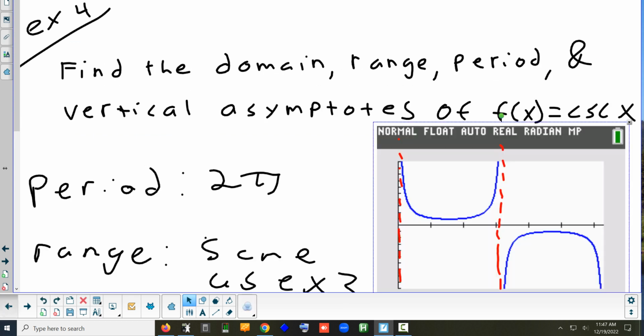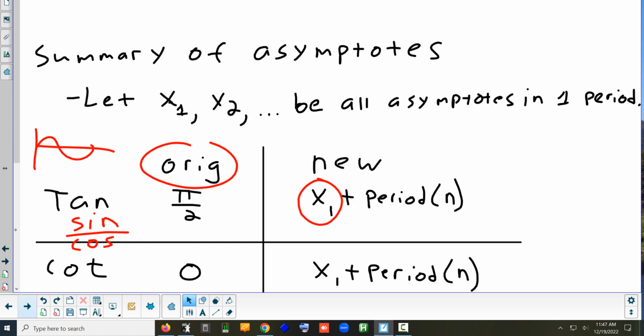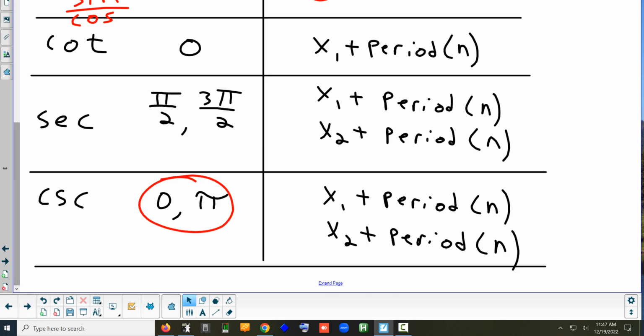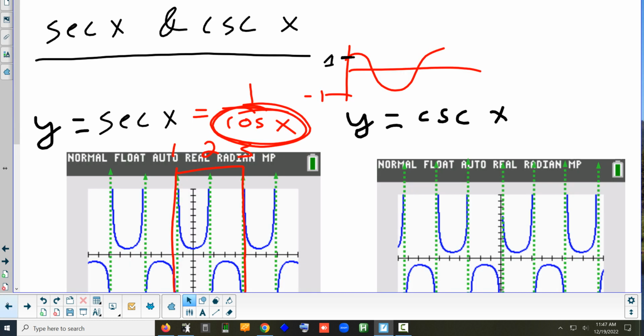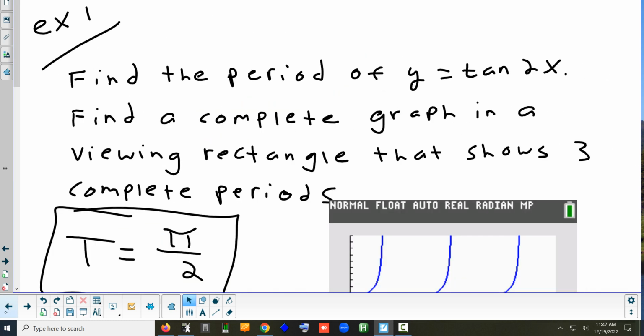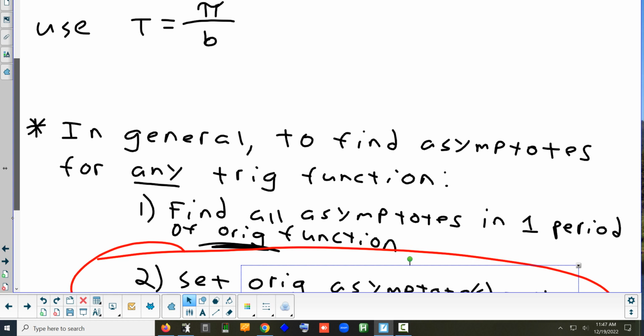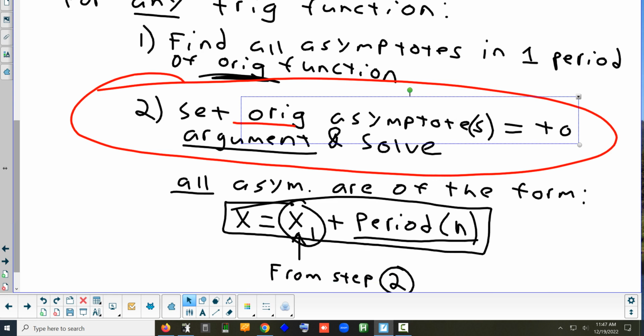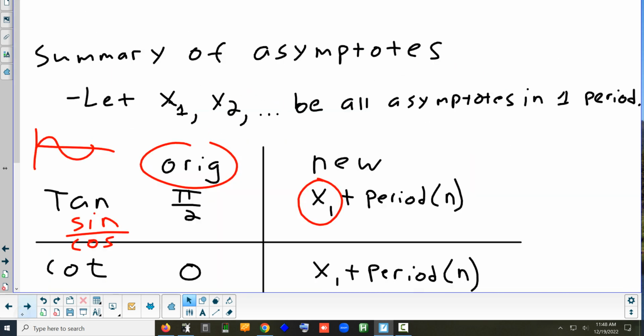Okay, that makes sense. That's where the 0 and pi came from. And then you take each of those asymptotes and set the original asymptote equal to the argument, and then solve. And that's what we do. Oh, so 0 equals 3x and pi equals 3x. Yes. Okay. Yep.